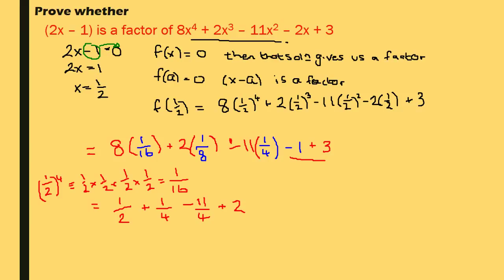So a half plus a quarter is 3 quarters. I'm going to keep the minus 11 over 4 here. And I'm going to turn the 2 into quarters, which is 8 over 4. And you'll see that if you add together 3 over 4 and 8 over 4, I'll get 11 over 4, which when I take away 11 over 4, does indeed give me naught.